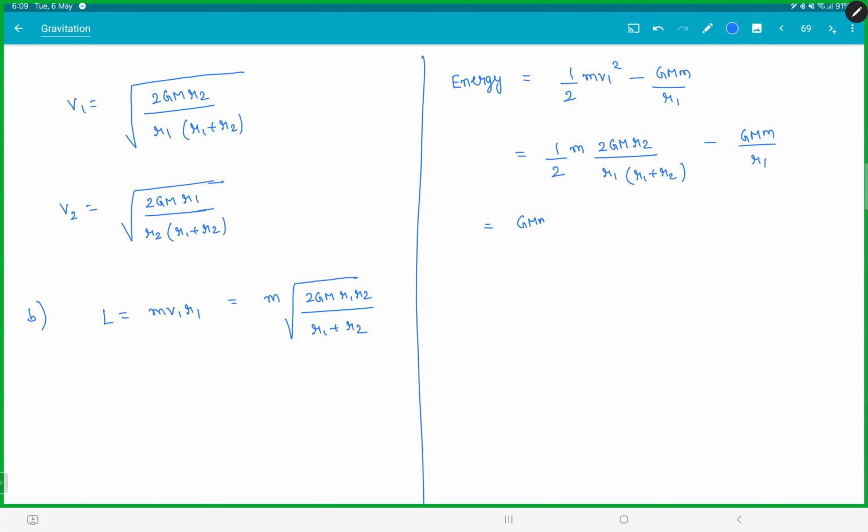Take out GMm by r1 common. We will get r2 by r1 plus r2 minus 1. This turns out to be minus GMm by r1 plus r2. This is your total energy of an elliptical orbit.